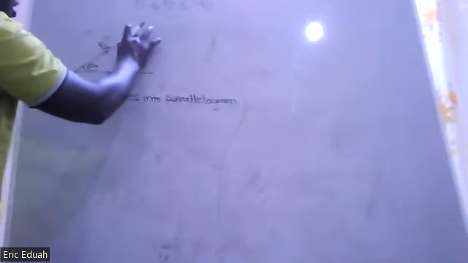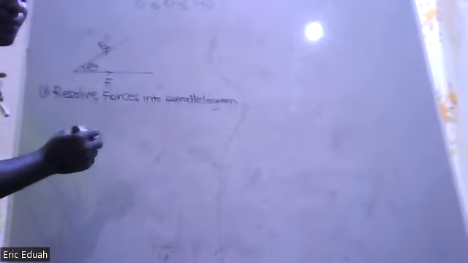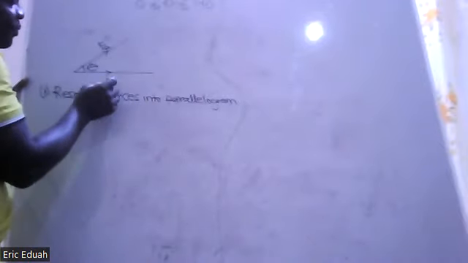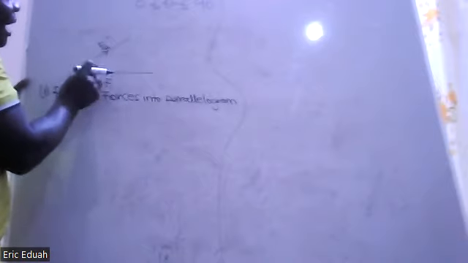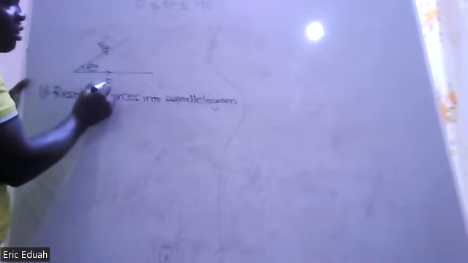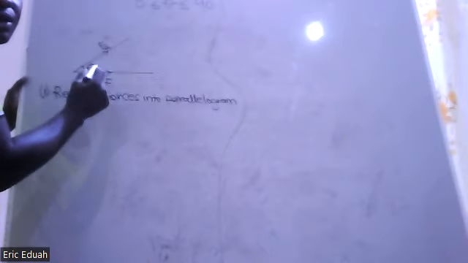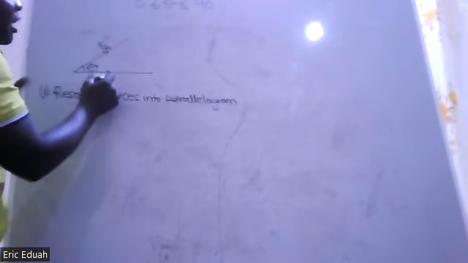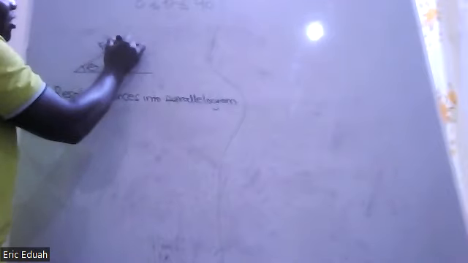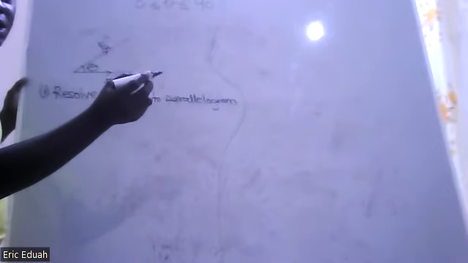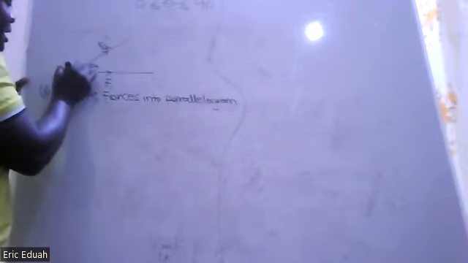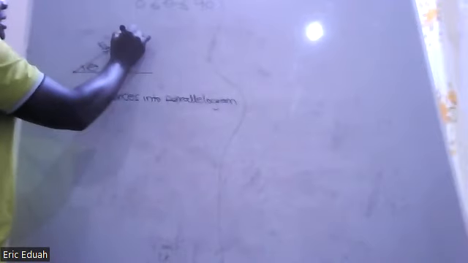So we resolve this into a parallelogram. And in doing so, I create an equal version of F1 and put it on the head of F2. Of course, for F1, this is the tail, this is the head.